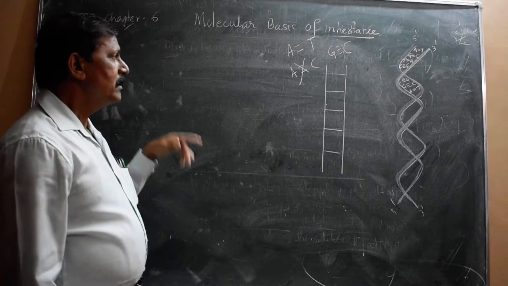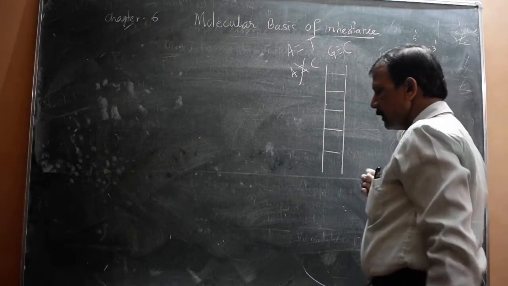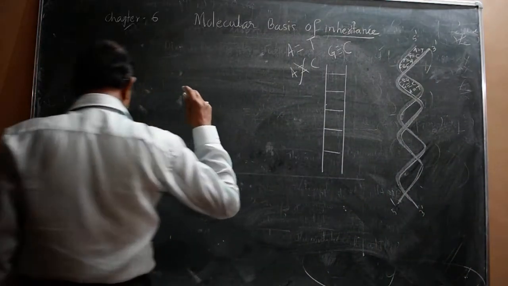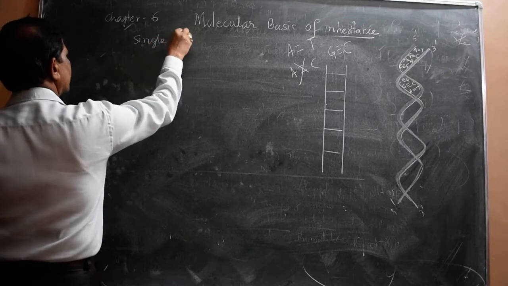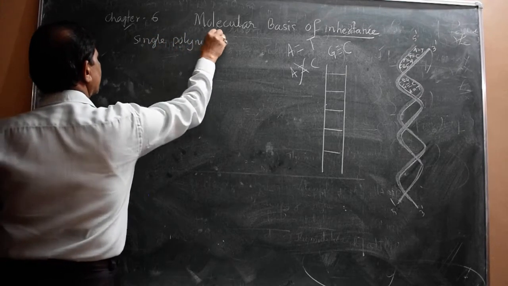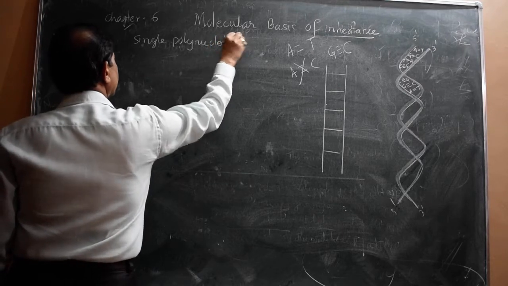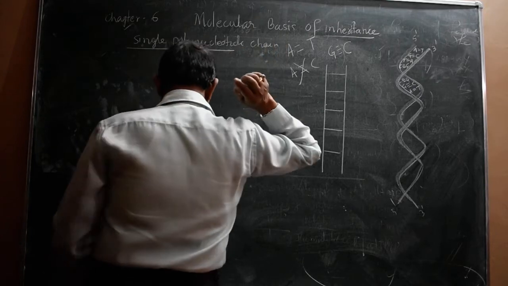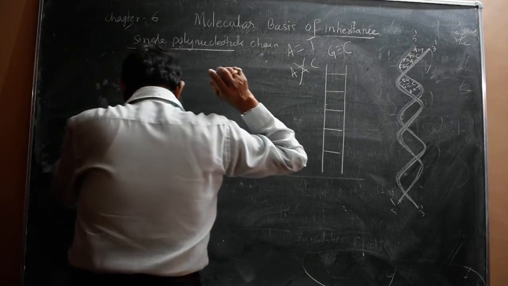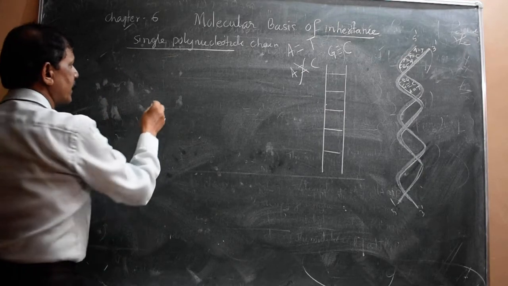Like this, the DNA double stranded system is formed, and here you have to study the single polynucleotide chain. I have already given the notes, and you can refer to those notes.